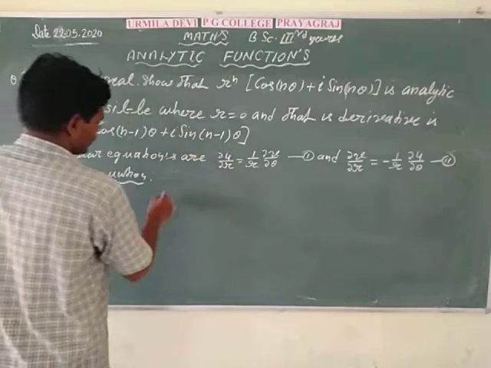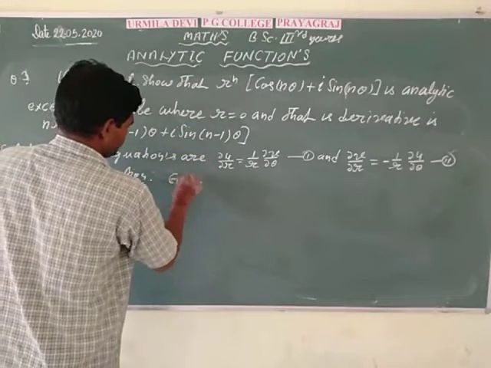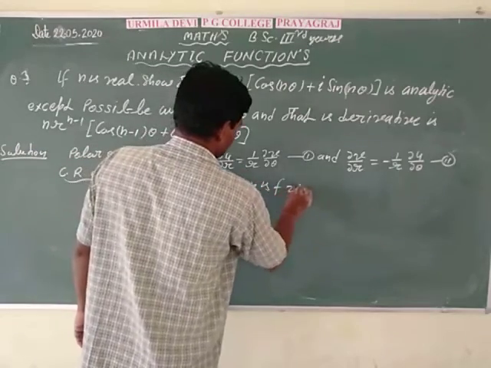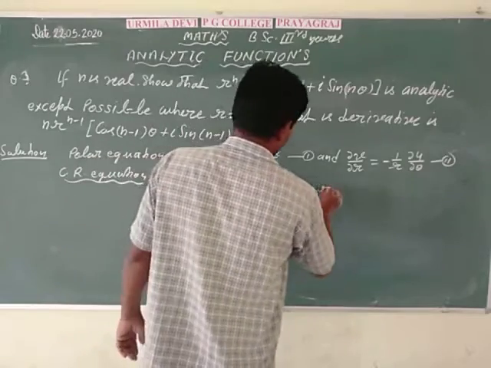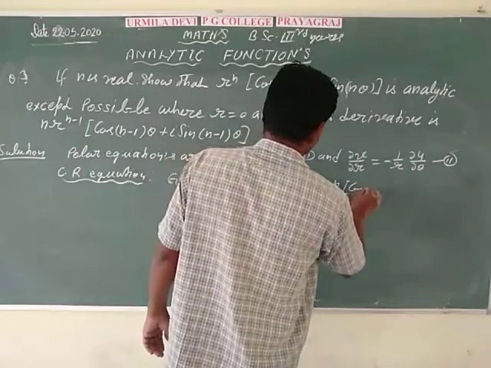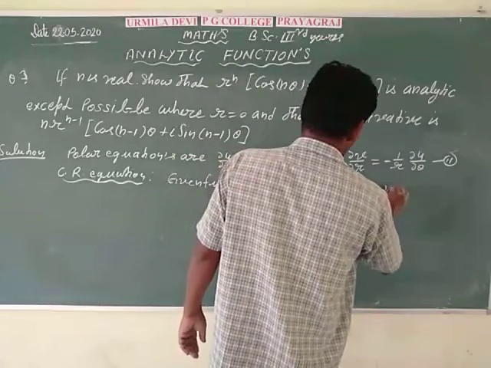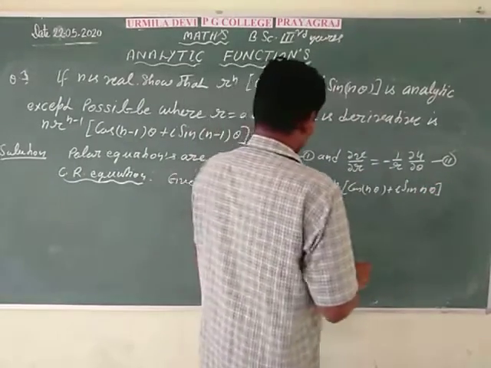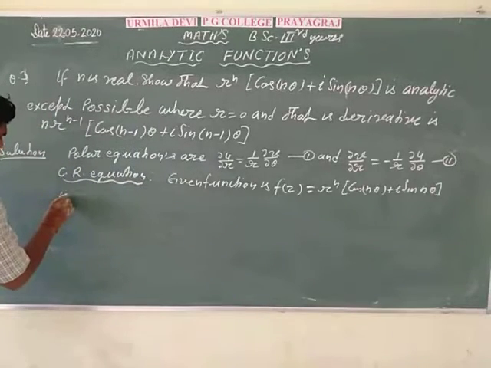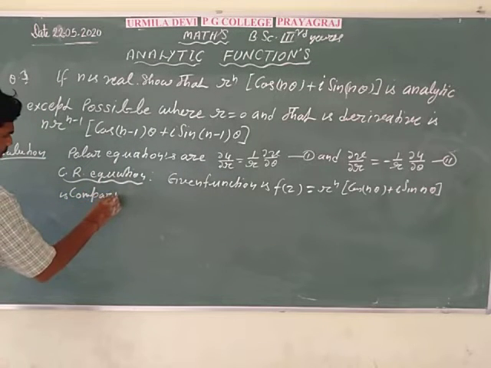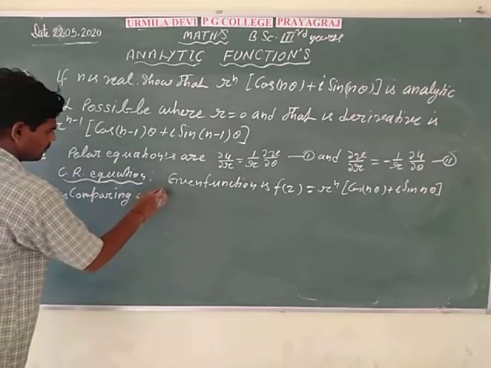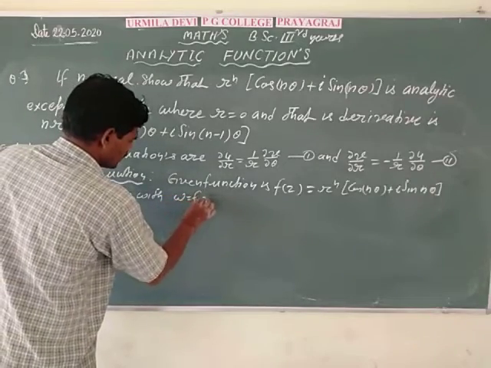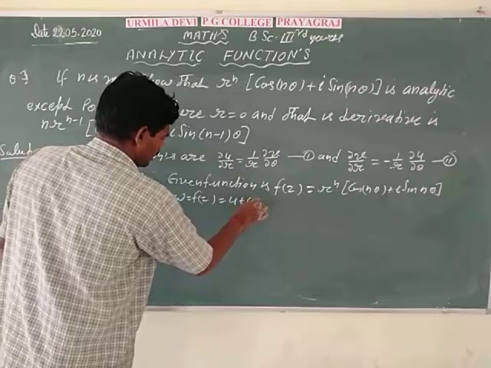So the given function is f(z) is equal to r to power n (cos n theta plus i sin n theta), and the given equation is compared with w is equal to f(z) is equal to u plus iv.